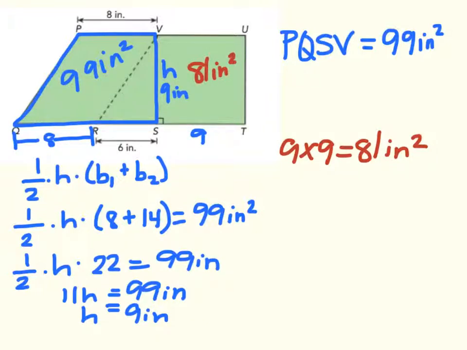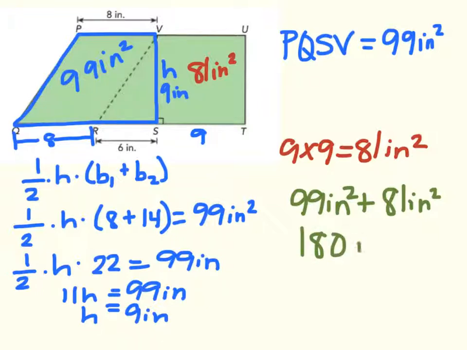Now to find the overall area of our trapezoid, we simply need to take our 99-inch area of the trapezoid, the internal trapezoid of PQSV, and then add the area of our square. 99 plus 81 gives us 180 square inches.